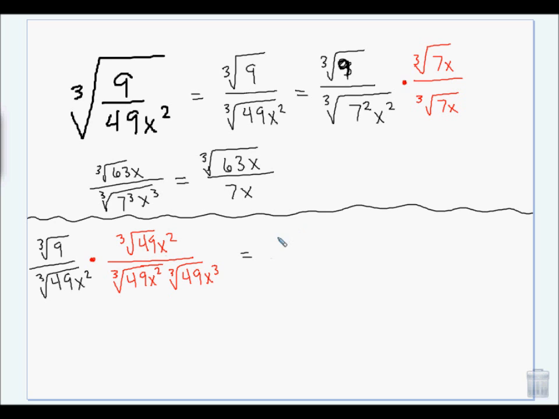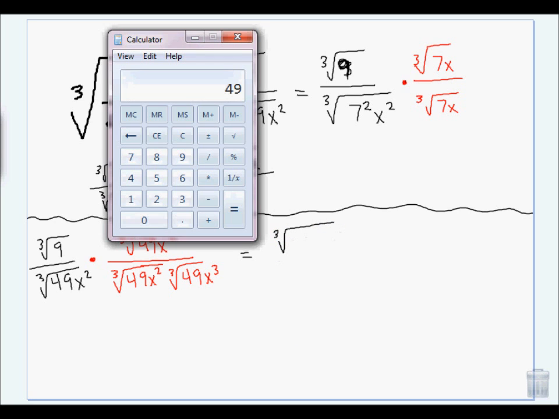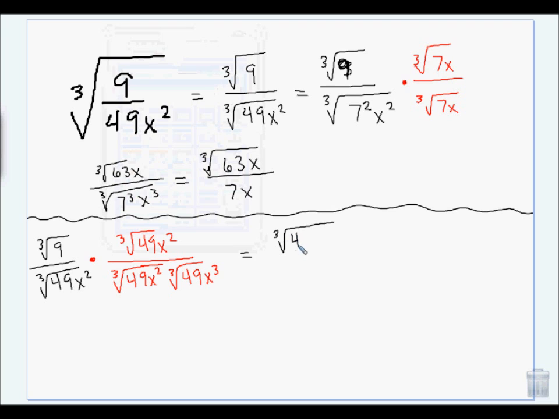So this gives me the cube root. Oh no, it's supposed to be squared. Thank you. I'll fix that in just a second. 49 times 9 is 441. Sorry, that's a squared. So 49 times 9 is 441, and this is 49x squared.